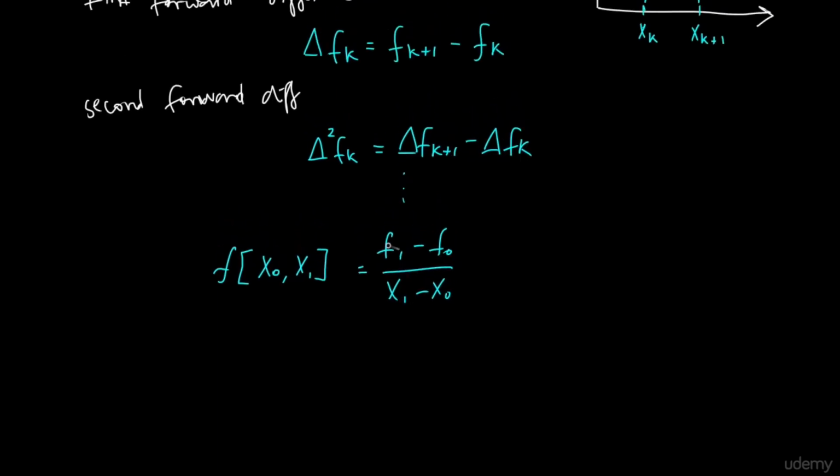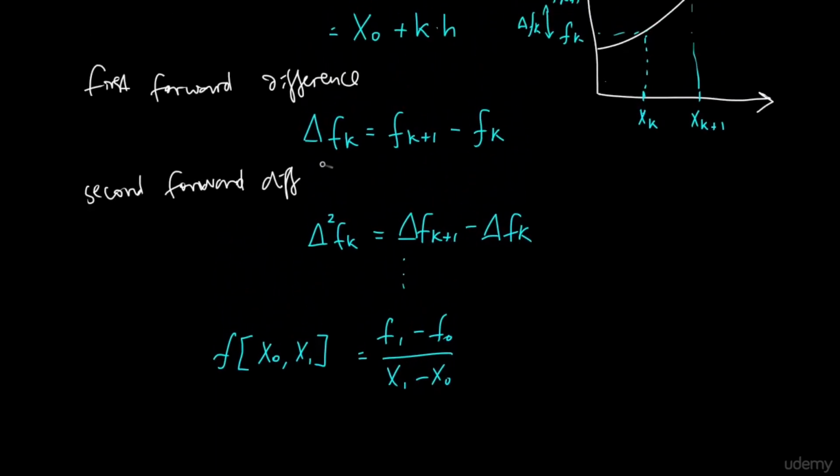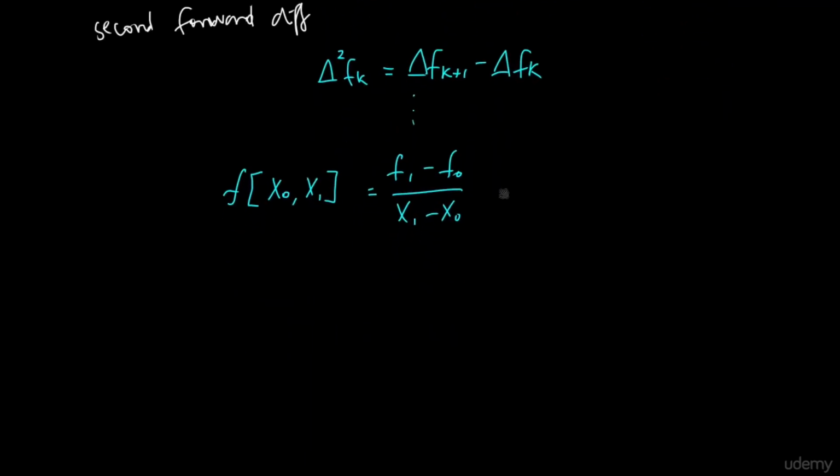However, we know that f1 minus f0 happens to be delta f0 by the definition of the first forward difference that we've introduced. So we can define it as delta f0 divided by h.